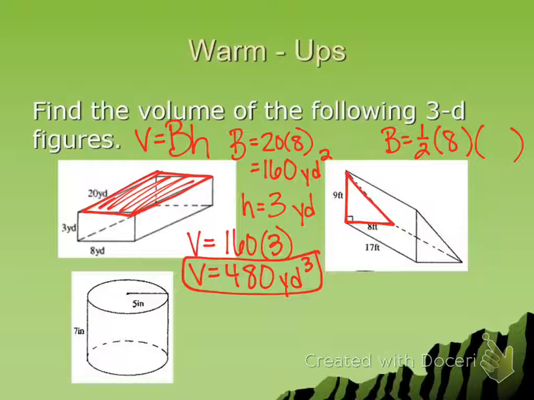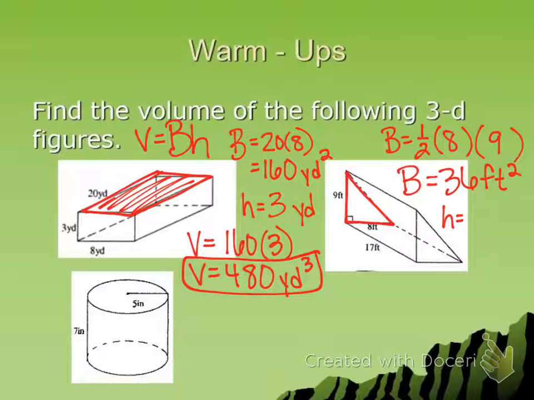Times, what is the height of that triangle? 9. So what do we get for capital B? 36. My units? Feet squared.